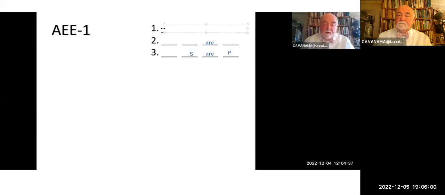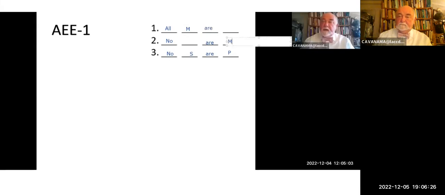Now, our quantifiers, A, E, E. Well, the quantifier for A is all, and for E is no, and also for E, no, once again. Okay, now, where do we put our middle term? Well, figure says 1, so we know the 1 works like this and like this.